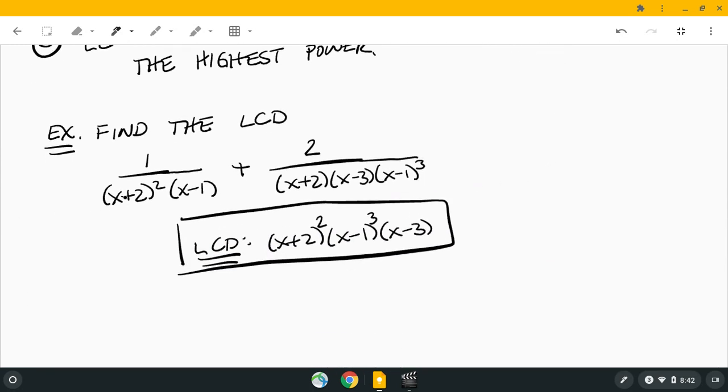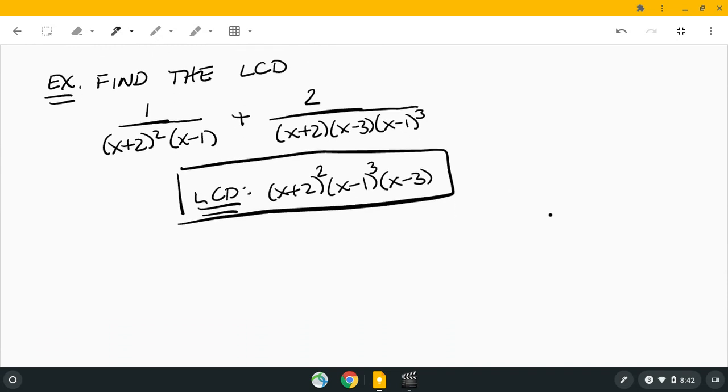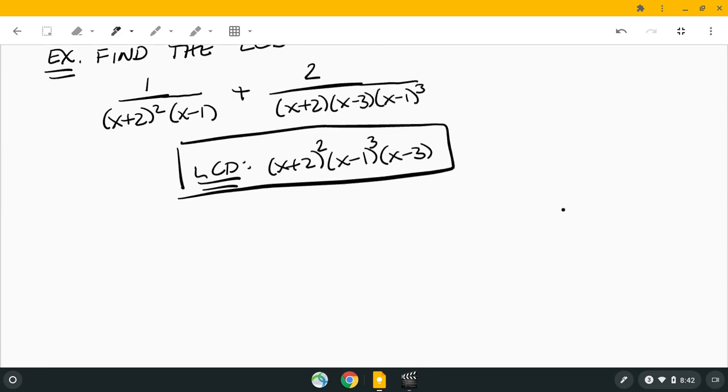So when you factor, don't leave it as x plus 2 times x plus 2, right? That's repeated multiplication. Instead, make sure you use the exponent so that when you're figuring out the LCD, you see that exponent too. If you leave it as x plus 2 times x plus 2, it's hard to spot that exponent. Okay? All right, let's try another one.